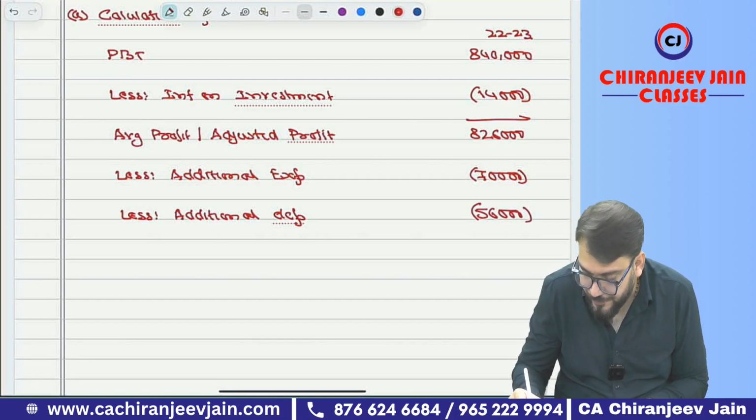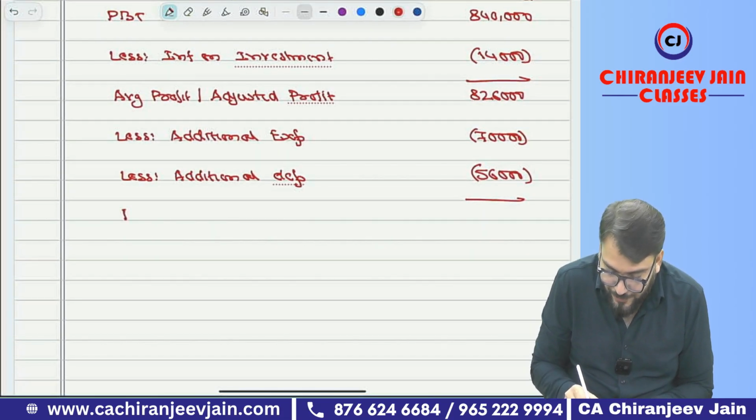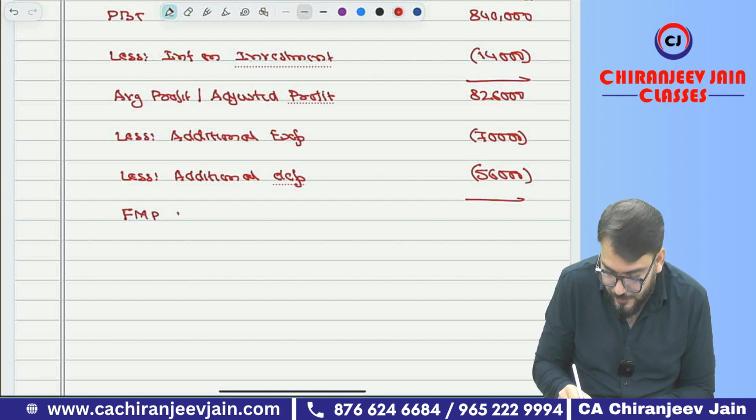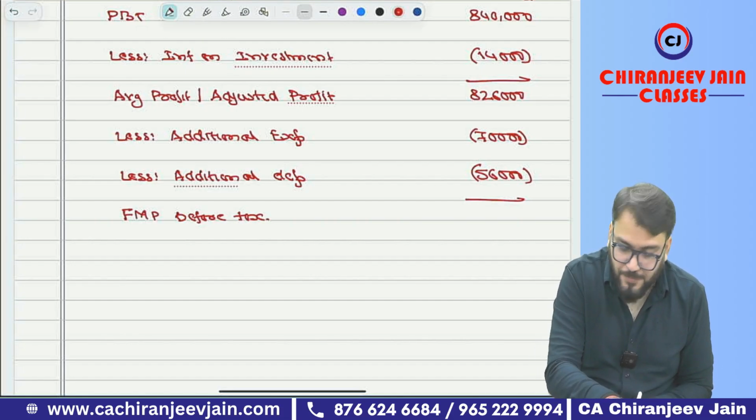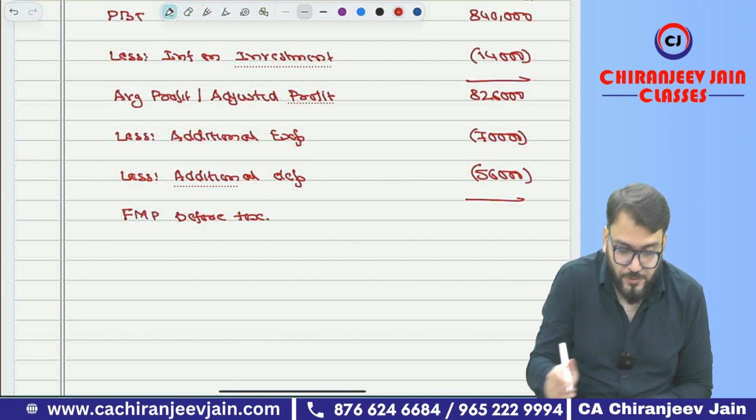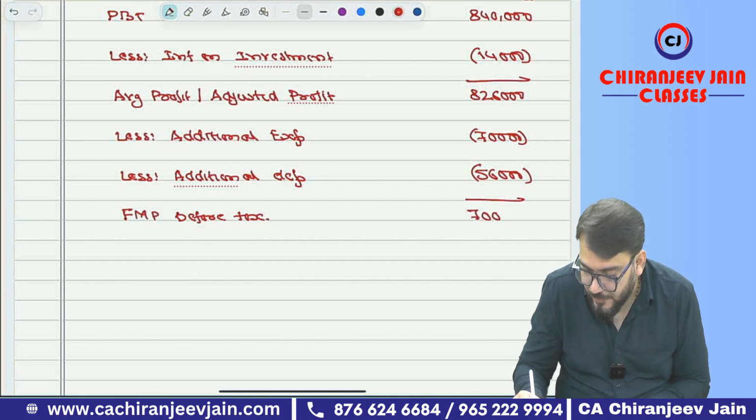Same to same we are doing. So this becomes FMP before tax: 8,26,000 minus 70,000 minus 56,000, that is 7 lakh.